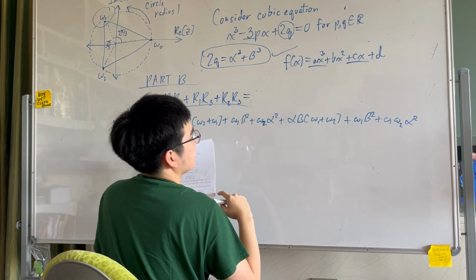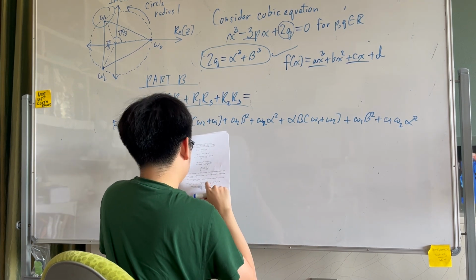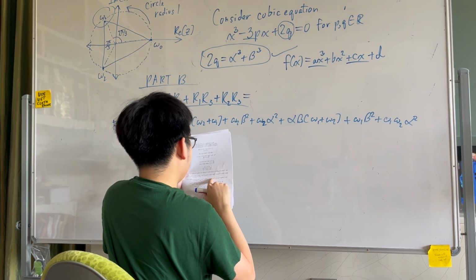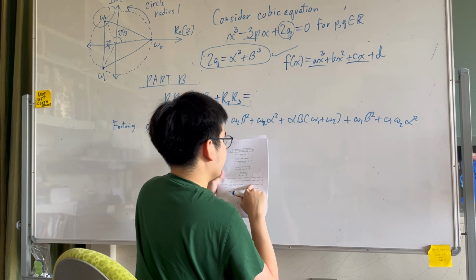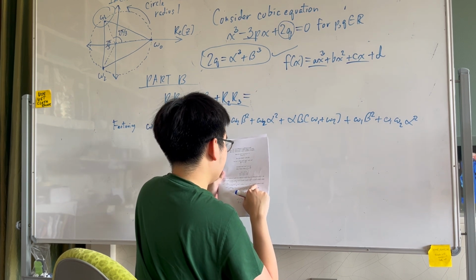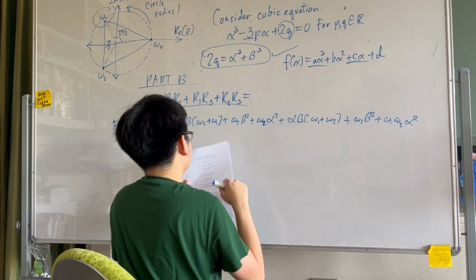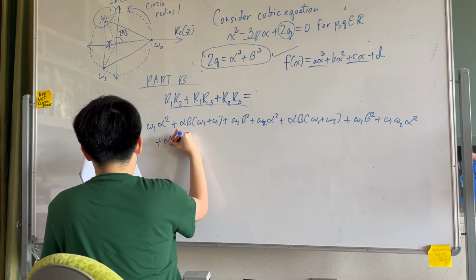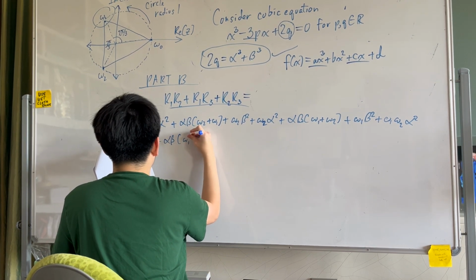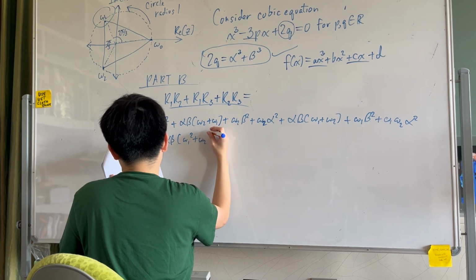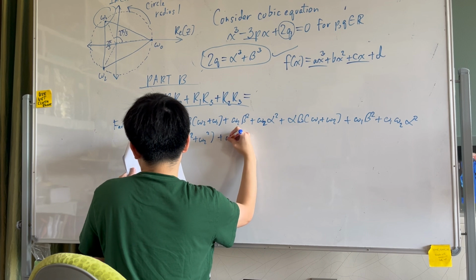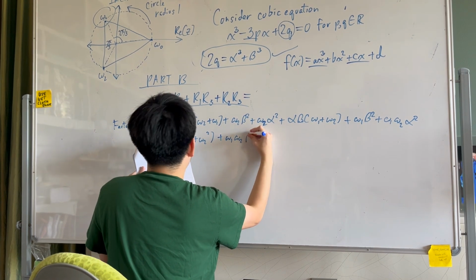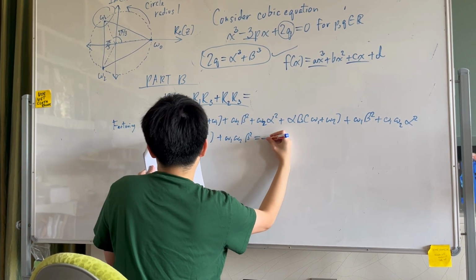And I'm reading the wrong line again. Alpha beta, omega 1 beta squared plus omega 1 omega 2 alpha squared plus alpha beta (omega 1 squared plus omega 2 squared) plus omega 1 omega 2 beta squared minus 3p.